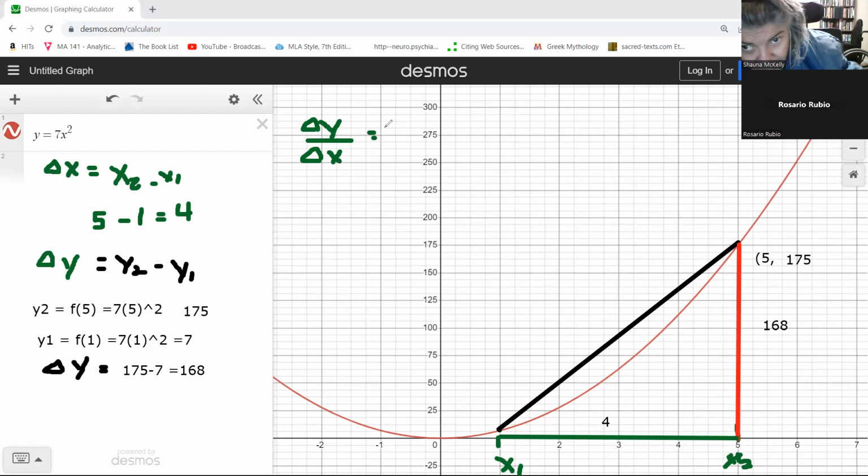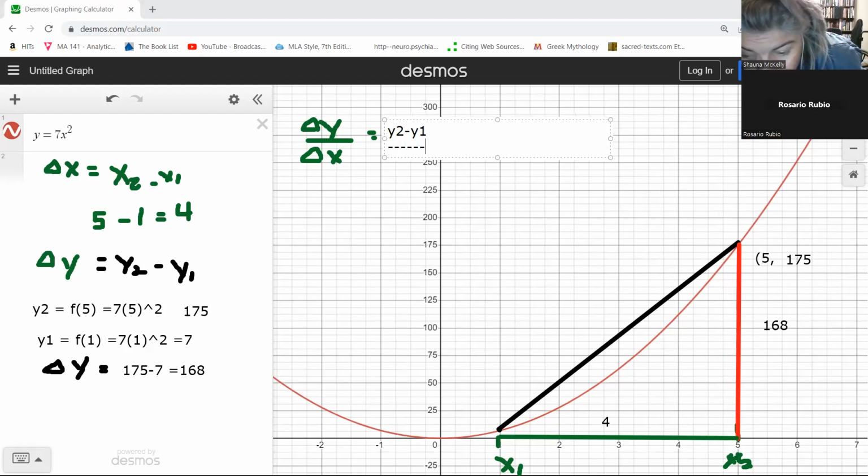Right. Yeah, okay, you can give me that. I am looking for something else, but that's not wrong. Keep going. So it will be 168 over 4, right? Okay, I agree.